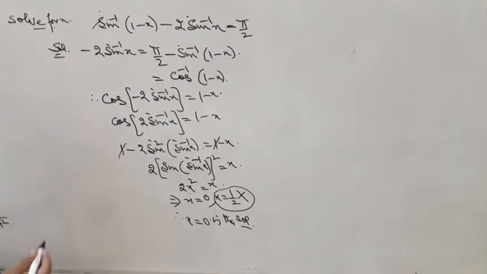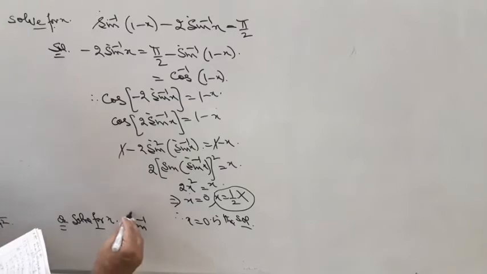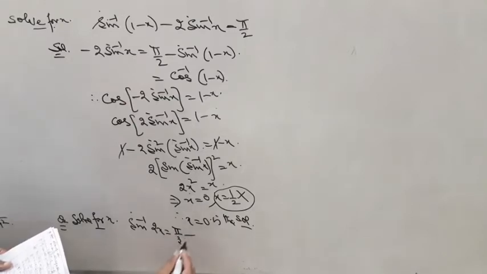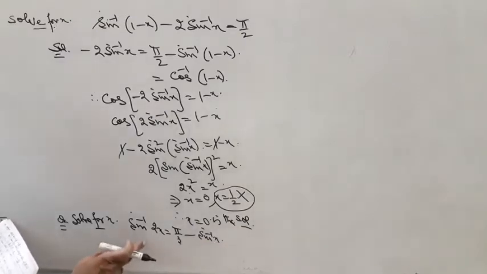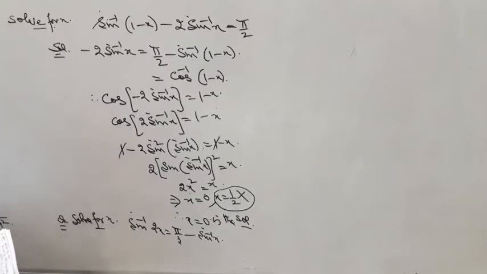Yes, the question is solve for x. The question is sine inverse 2x is equal to pi by 3 minus sine inverse x. This is the question given. Sine inverse 2x is pi by 3 minus sine inverse of x.